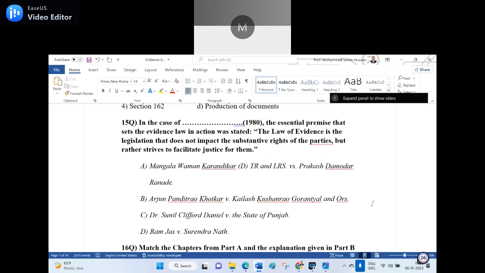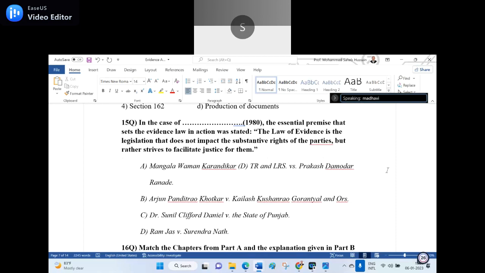Shoot, even though it is wrong. Option B, sir. Arjun Pandit Rao Khotkar, you want to say? Yes, sir. Wrong. Second option. No negative marks. Shoot. Answer C. Wrong.